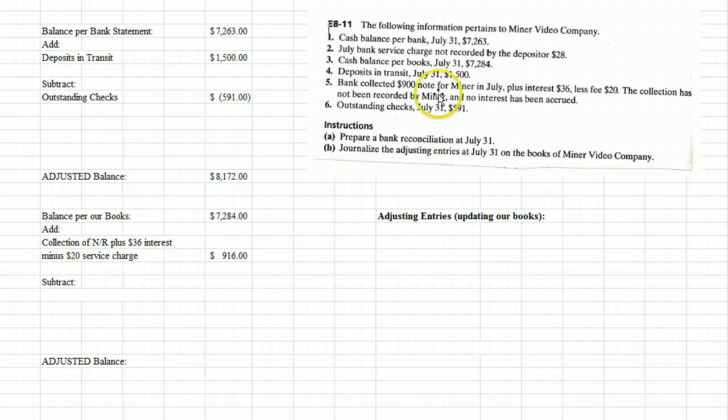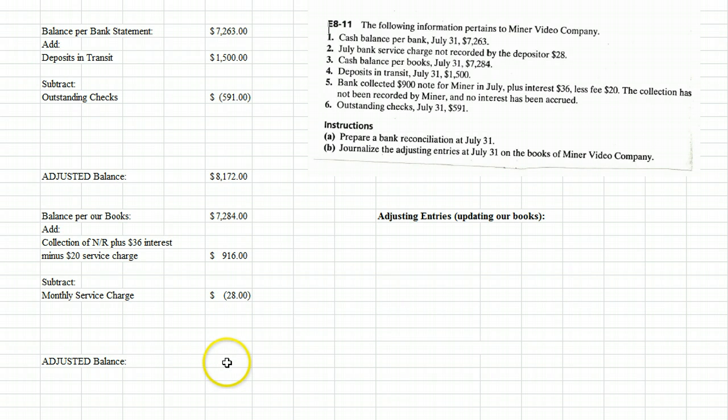The $900 that the party owed us in principal, plus $36 in interest, minus a $20 service charge the bank charged us. So we have to add that $916 to the balance on our books. If we earned interest, we'd also add that in here too. And we also have to subtract the monthly service charge, $28.